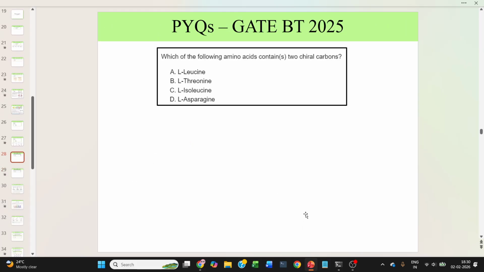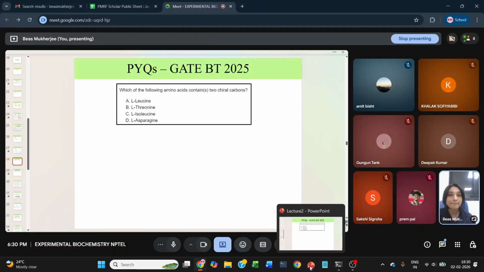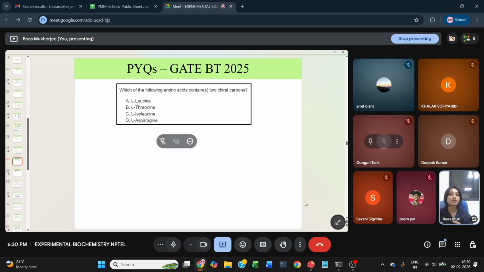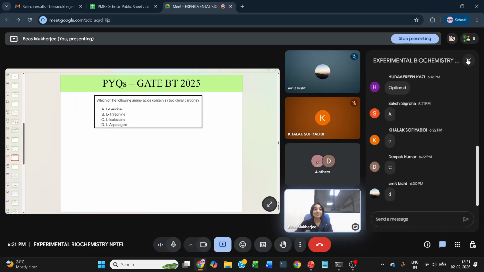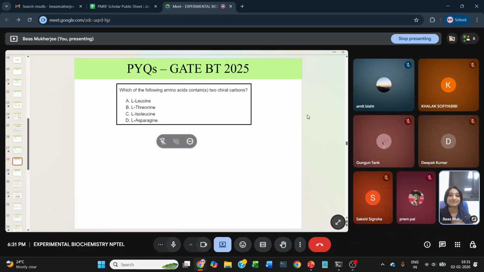Okay. Now, which of the following amino acids has two chiral carbons? So this is a GATE BT question, right? Try to answer. GATE BT 25. If anybody has attempted GATE BT 25, you will know.